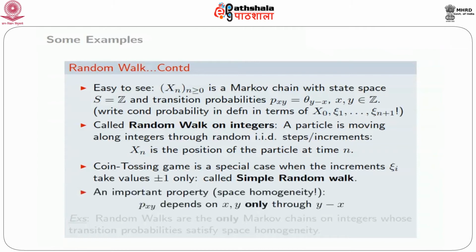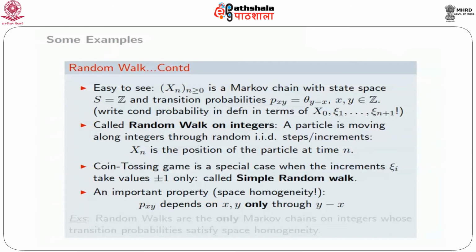Now an important property of this particular Markov chain, namely the random walk on integers, is space homogeneity. That means if you look at Pxy here in this particular example of random walk, Pxy, of course, is supposed to be always a function of x and y only, but in this particular case it depends on x and y only through y minus x.